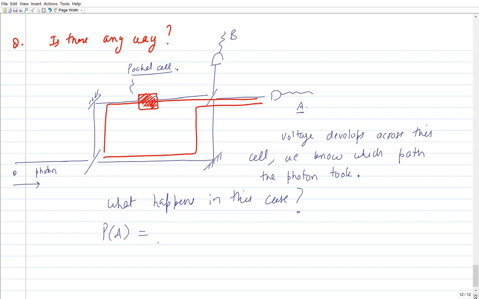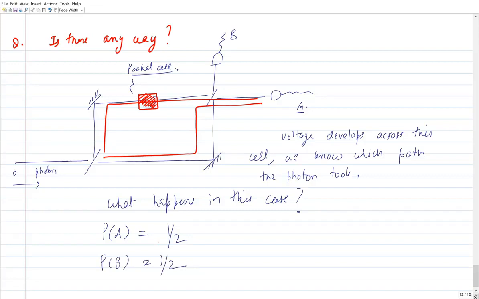Mind you, I made the paths distinguishable. As soon as the photon passes through this path, I'll have a voltage develop across. Any guesses what happens? Well, the answer is 50-50. So the probability of A is half, the probability of B is half.